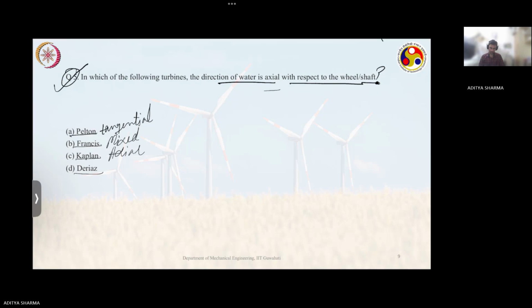This is mixed. Here this is diagonal. This is neither parallel nor perpendicular to your axis.